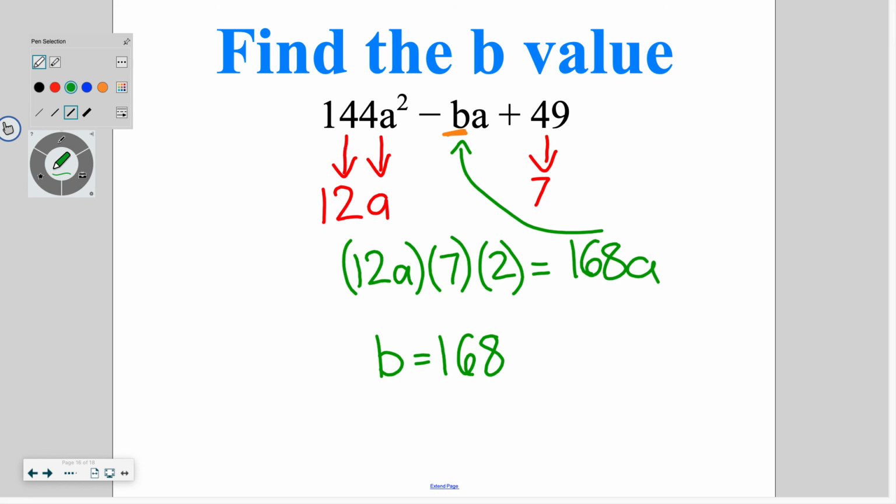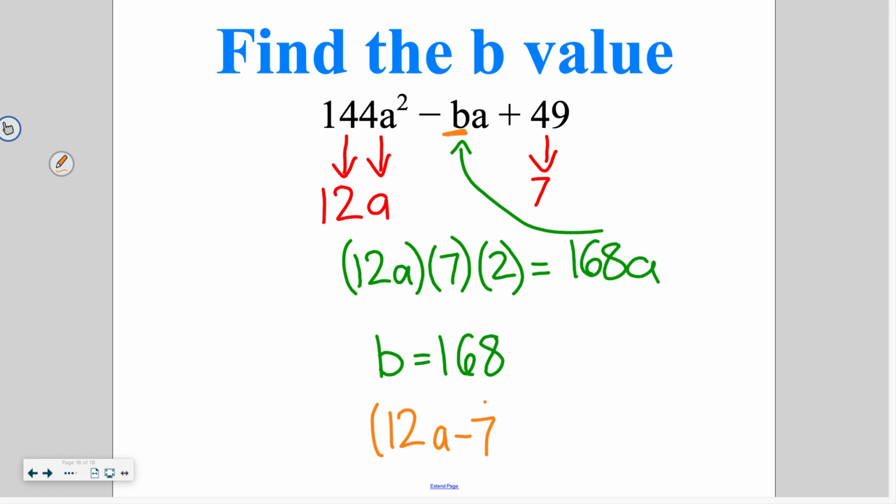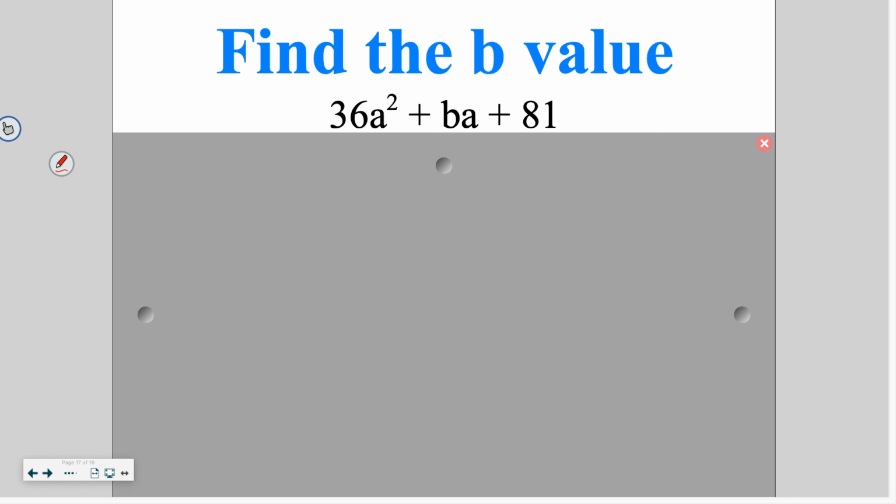Then if we were completing this, our final step would be to say that we would factor it down to 12a minus 7 squared. So that b value is 168. That final factoring is 12a minus 7 squared. Go ahead and try this one on your own.